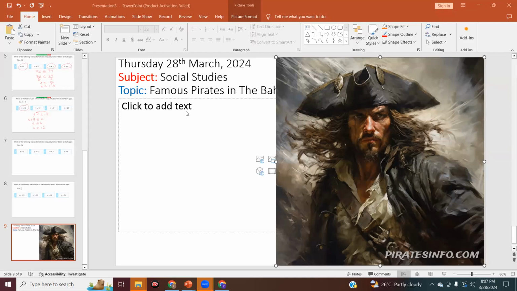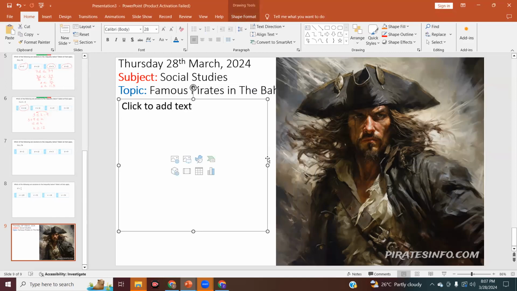So let's talk about him. Hopefully we're able to talk about him and possibly two or maybe one more person. So John Rackham was also known as Calico Jack.